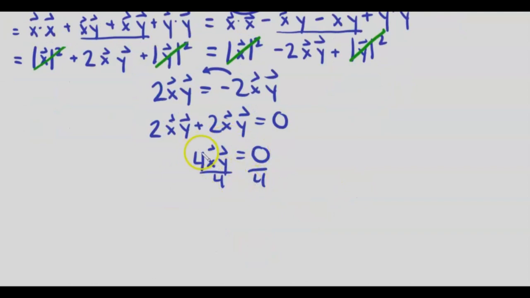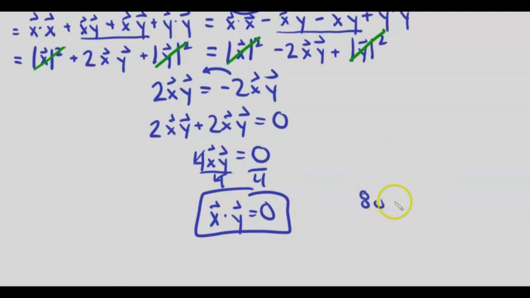Okay, cancel out the 4's, divide both sides by 4. And now we have vector x dot vector y equals 0. Okay, so therefore, because the dot product here, vector x dot vector y, is 0, therefore vector x and vector y are perpendicular.